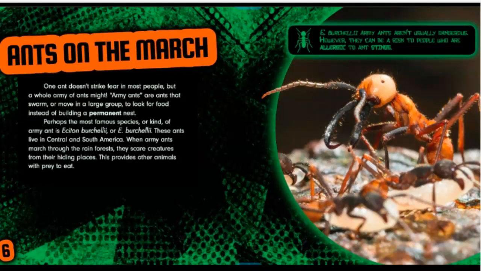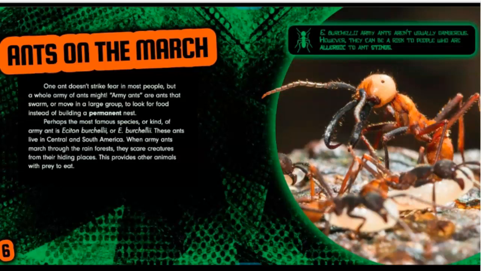Ants on the march. One ant doesn't strike fear in most people, but a whole army of ants might. Army ants are ants that swarm or move in a large group to look for food instead of building a permanent nest, instead of staying in the same spot. Perhaps the most famous species or kind of army ant is Echaton burchellii, or E. burchellii.